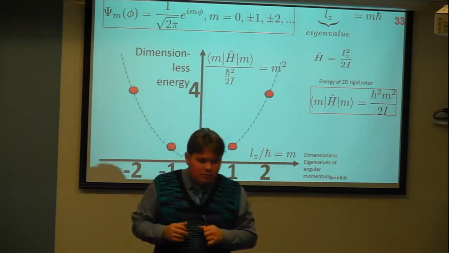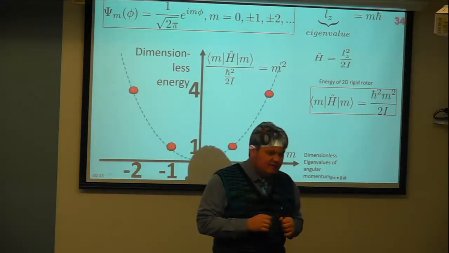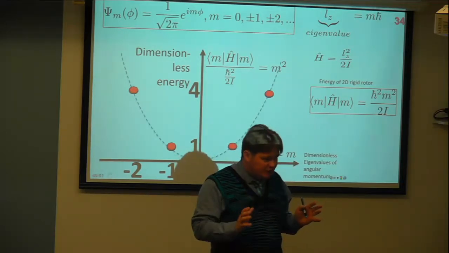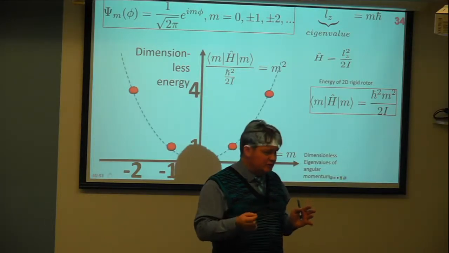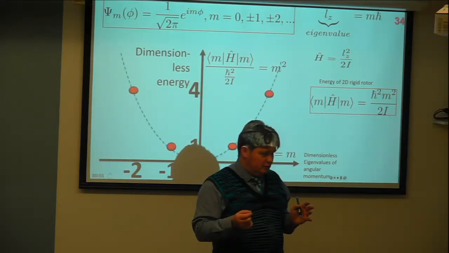So we do believe that eigenfunctions of commuting operators are shared. The eigenfunction of angular momentum will be the same as the eigenfunction of the Hamiltonian for rotational motion. But the eigenvalue of energy will be different.